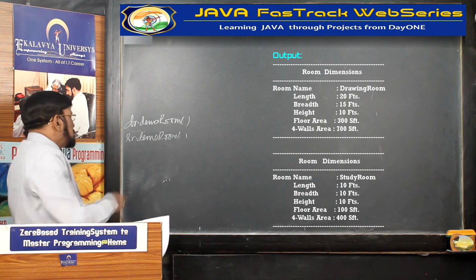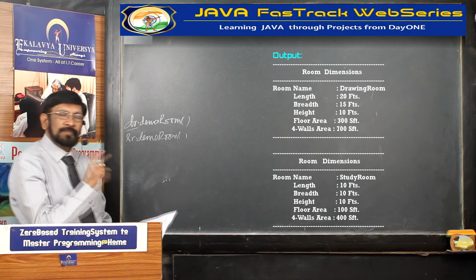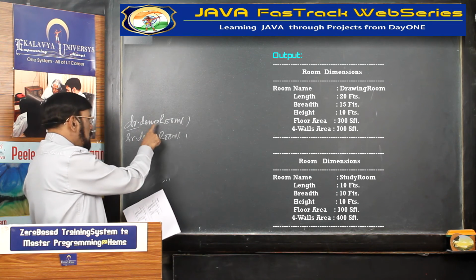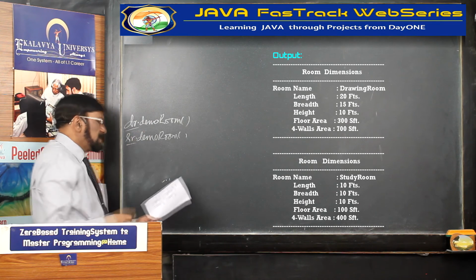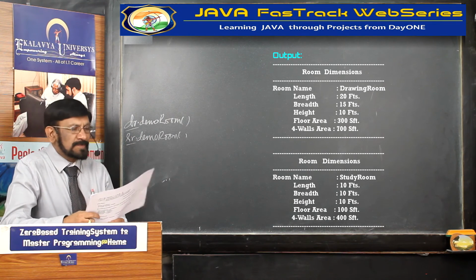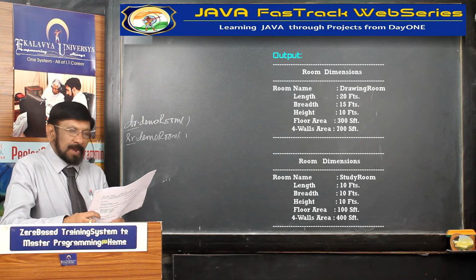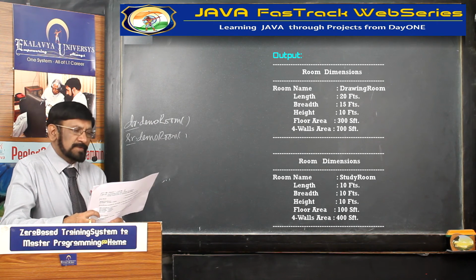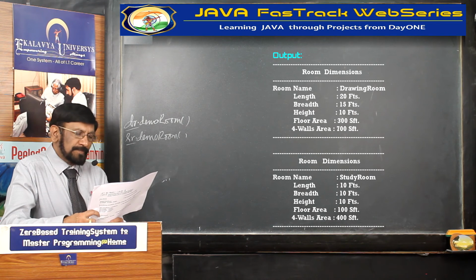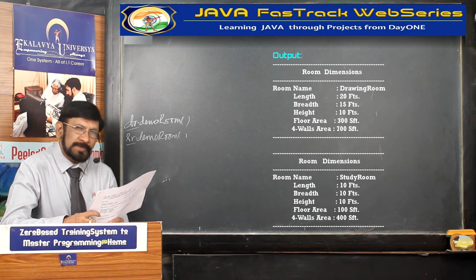Actually here in this case, the drawing room areas should be displayed, and the study room areas should be displayed. Now we see the room name, drawing room, corresponding length, floor area, four walls area. In the same way, study room, its length, breadth and height, and floor area and four walls area.